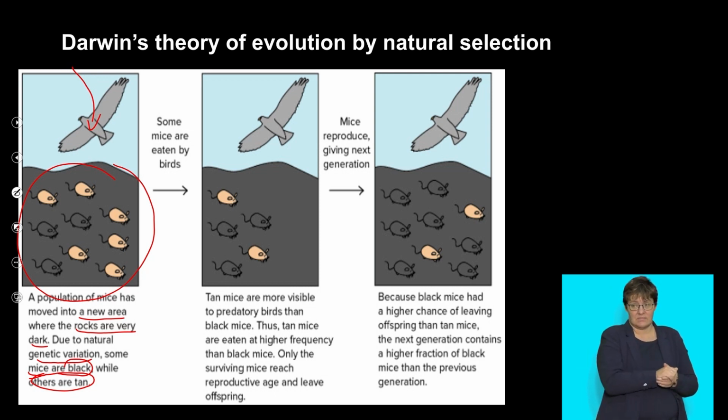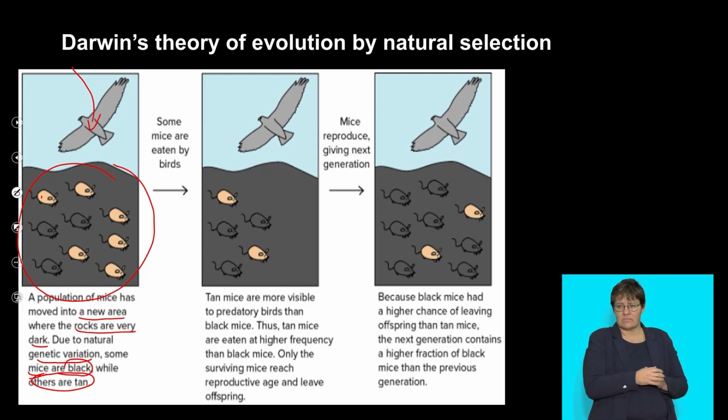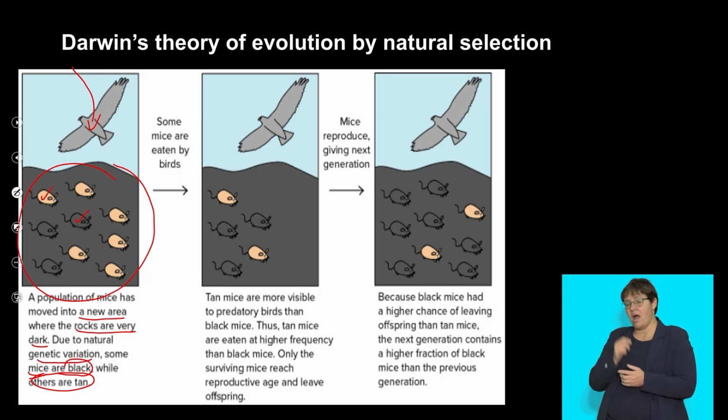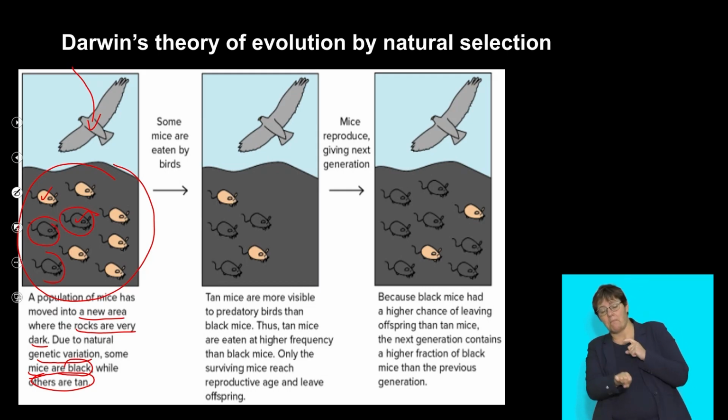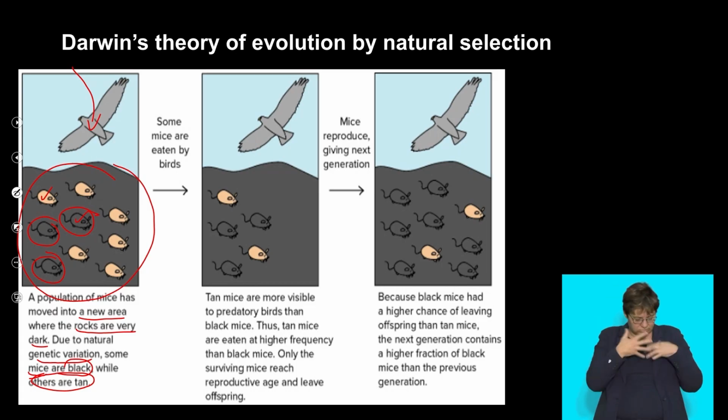When we look at the variation that exists amongst these mice, some are brightly colored or tan, others are darker. You would notice that the darker individuals are difficult to spot because they blend in. It's not that they have become better, it's purely because of a variation that they have.